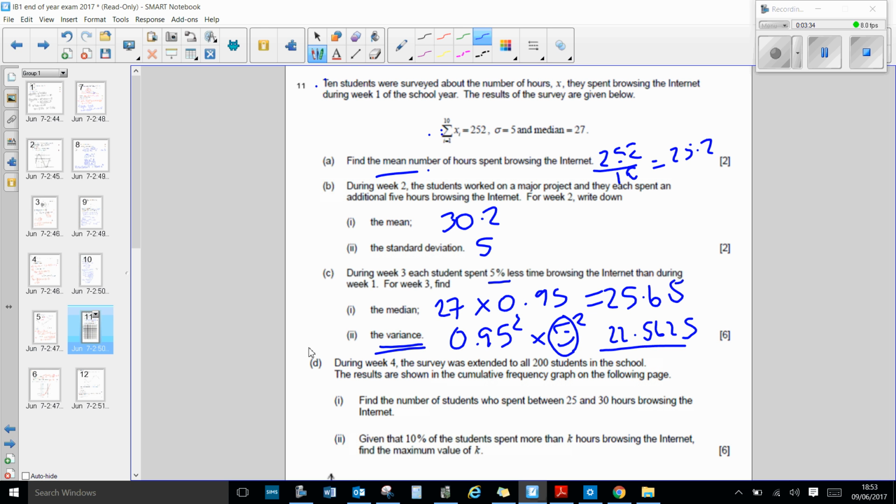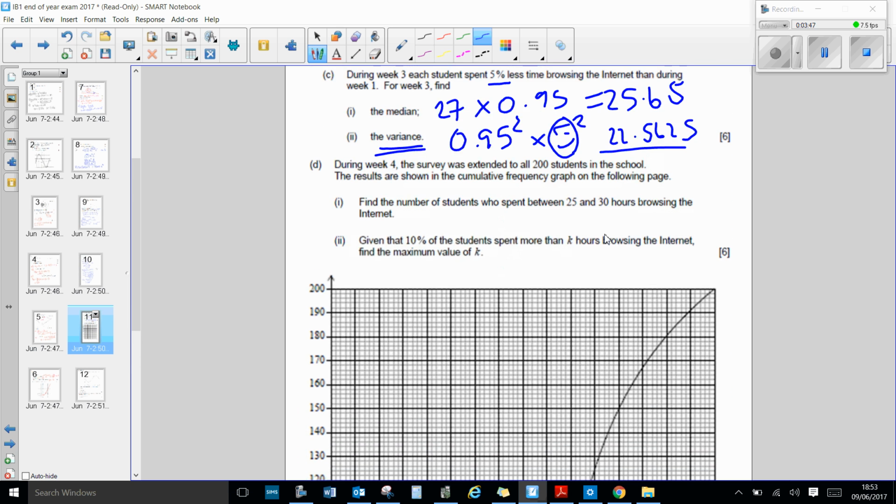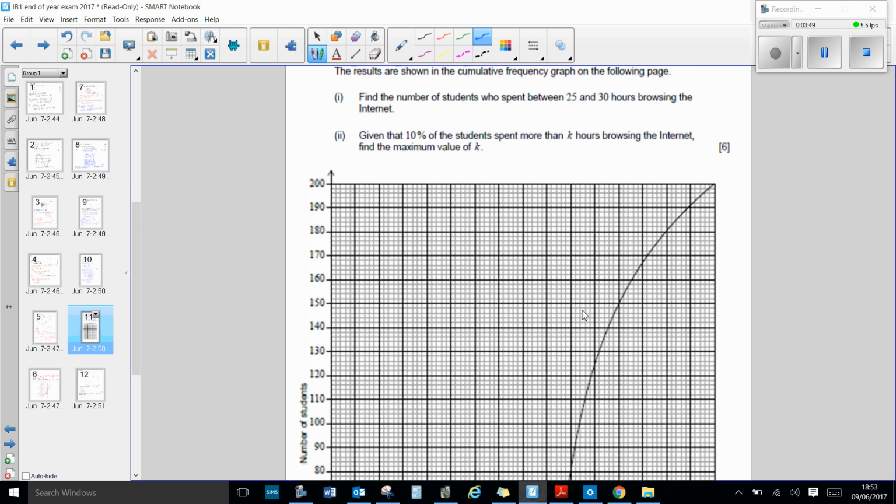Right. D, during week 4, a survey was extended to all 200 students in the school. Find the number of students who spent between 25 hours and 30 hours.